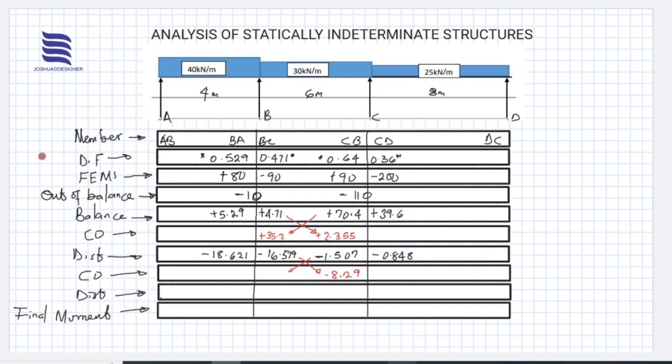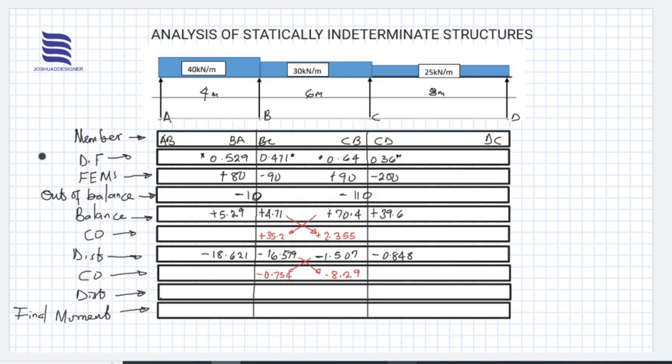That's dividing by 2. And this also you divide by 2, you have minus 0.754, right? So what you do now is to distribute also by multiplying those values by distribution factor, then you have distributed values for your moment.